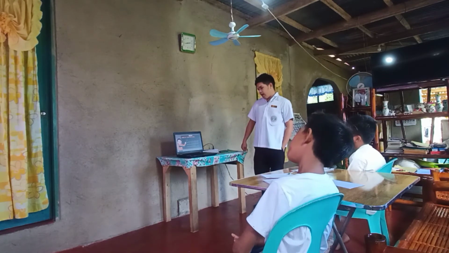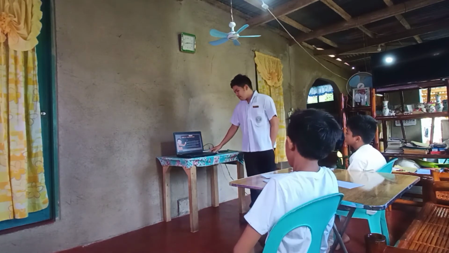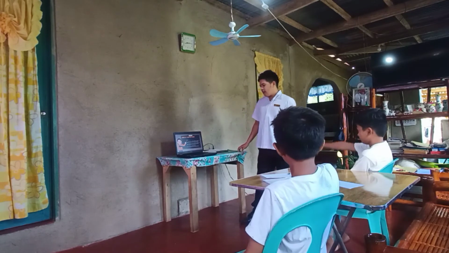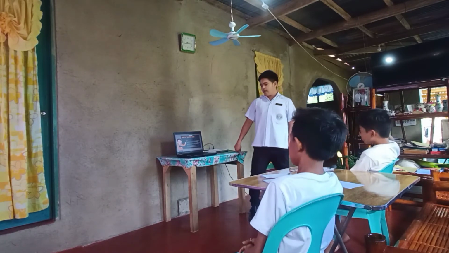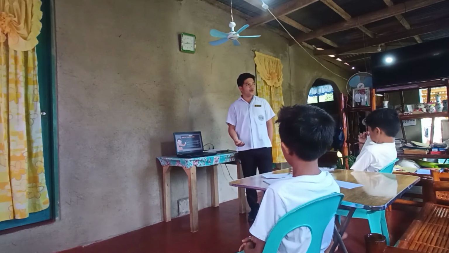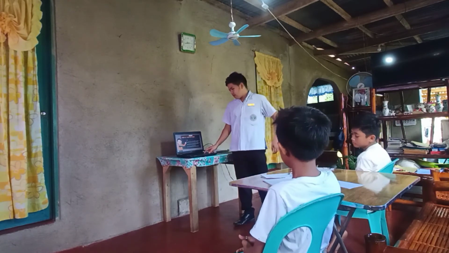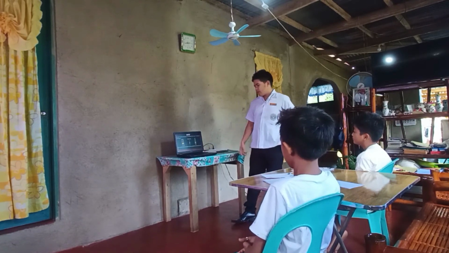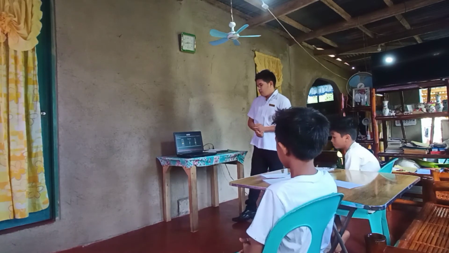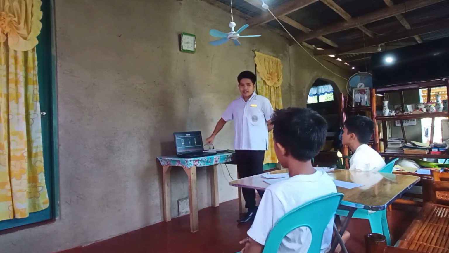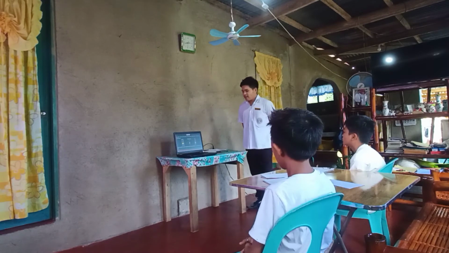Ang i is the class interval. The modal class is the class with the highest frequency. Asa ang dako og frequency, mo to ang automatic modal class. Okay, let's have an example. Same example ganiya. So asa dapit ang modal class? Asa nga score dapit?